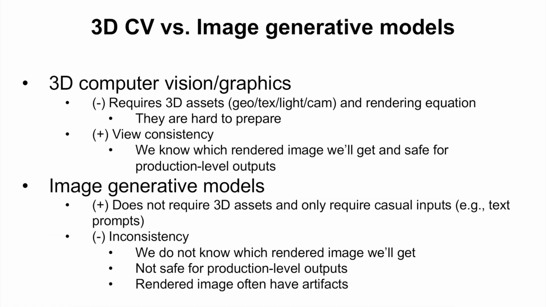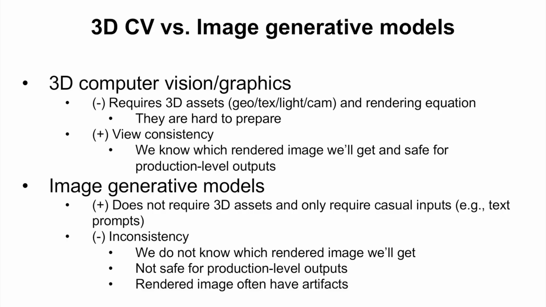So in summary, 3D computer vision and graphics requires 3D assets (geometry, texture, light, camera), and it uses the rendering equation. But the limitation is that such 3D assets are hard to get. Let's say we have a single image: we cannot get 3D geometry or 3D texture because of depth and scale ambiguity. We need at least two view images, right?